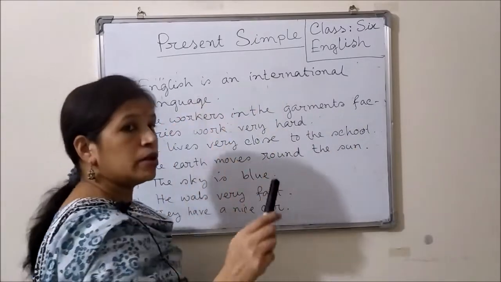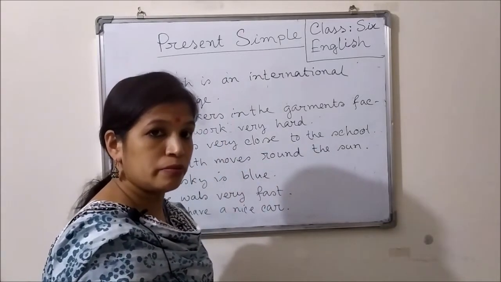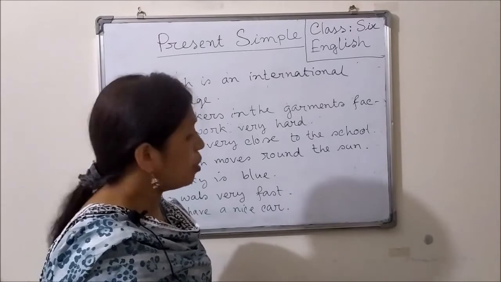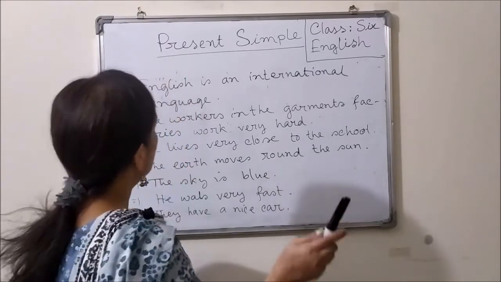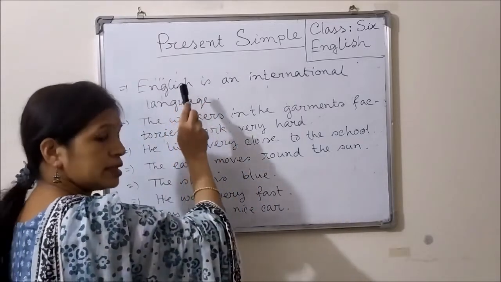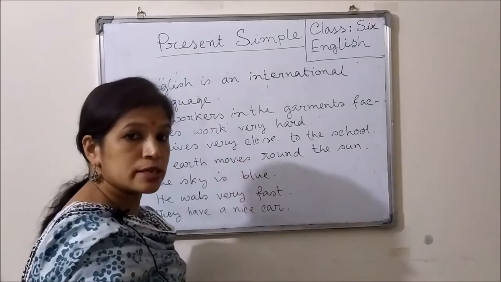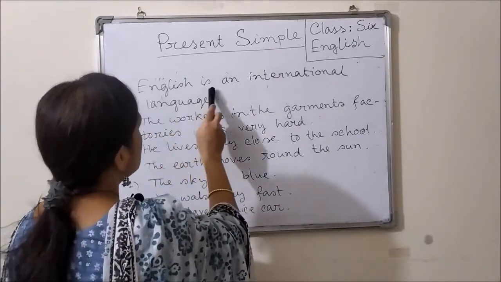Then there will be a state verb, that is the present form of be verb: am, is, are. So here we have used is for English, as it is considered third person singular number. That's why is.